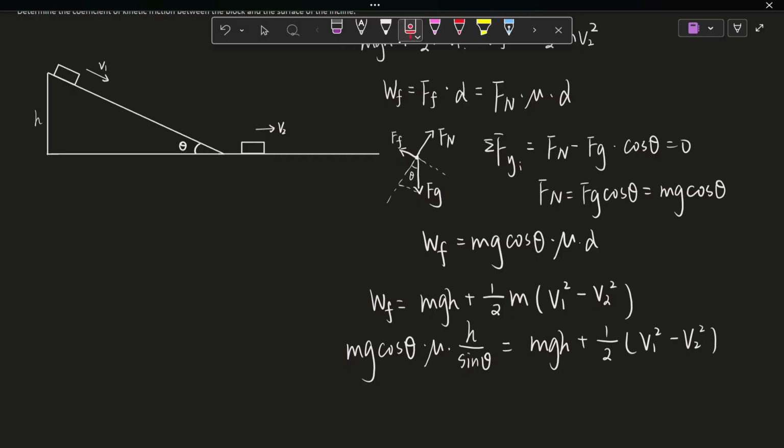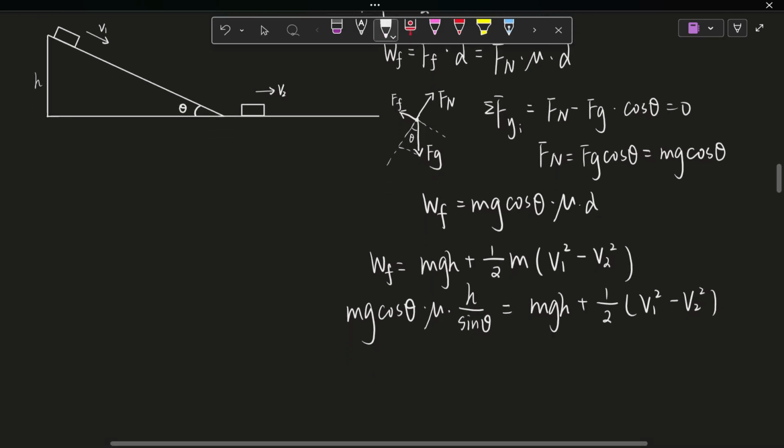And then you can easily see that m can be cancelled. And then let's move everything over here except for mu to the other side. So we divide them on both sides, which will get you the final answer.